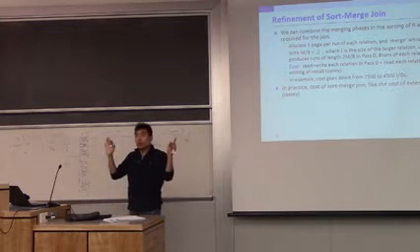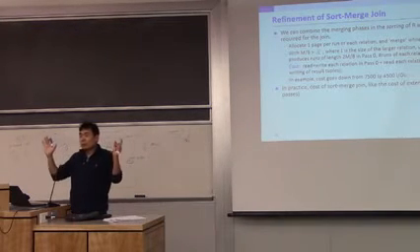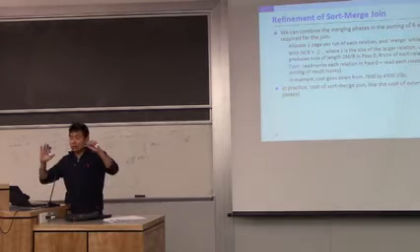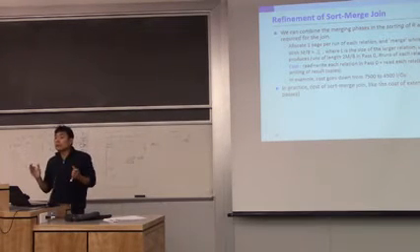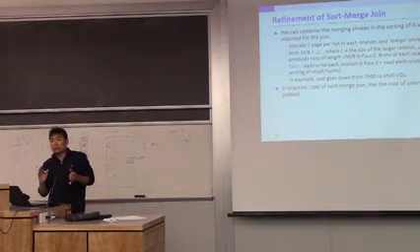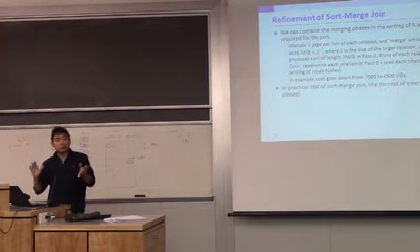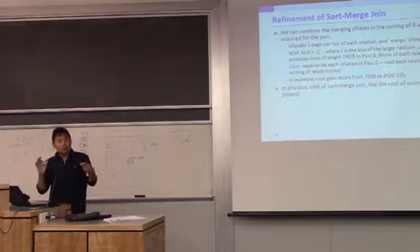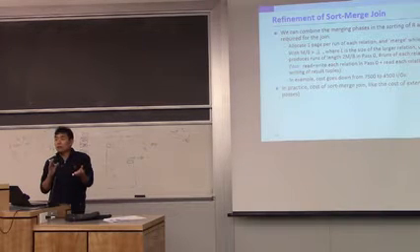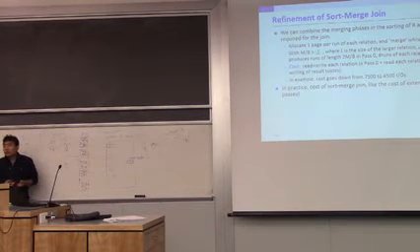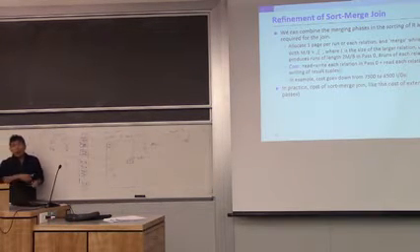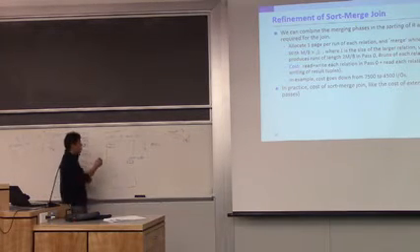Now think about this. You are running two external merge sort algorithms independently at the same time. You're running two instances of the sorting algorithm at the same time, one for R, one for S. You all know how the external merge sort works, right?